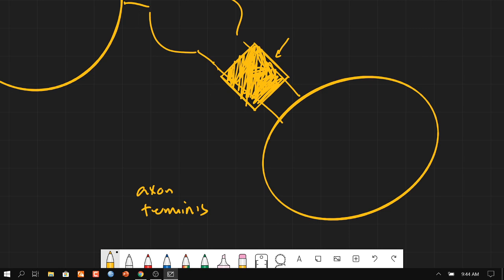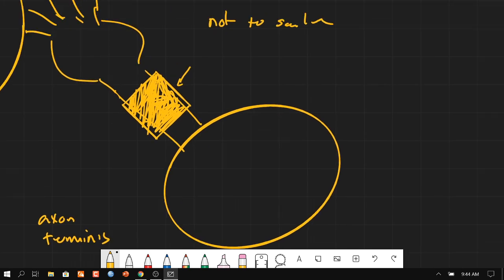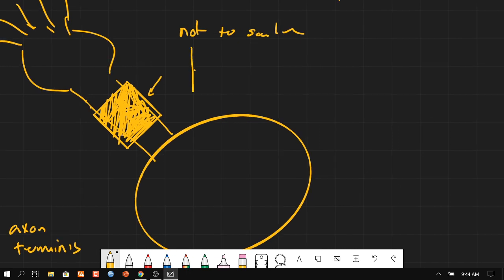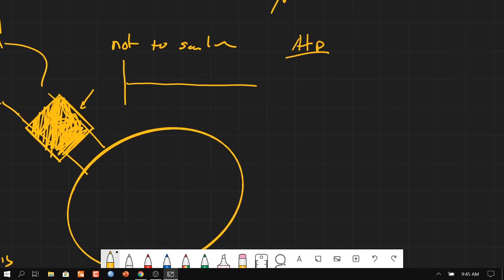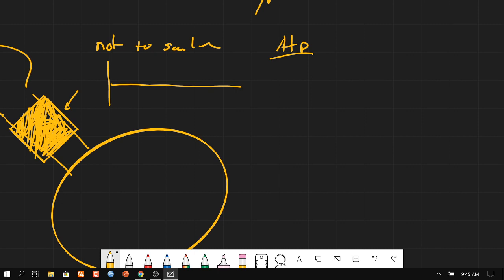So what causes a neuron to send electrical signals? Okay, so I'm going to put ATP here because that's really important. ATP does what to create electrical signals?